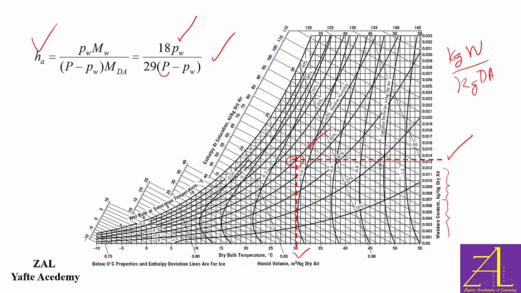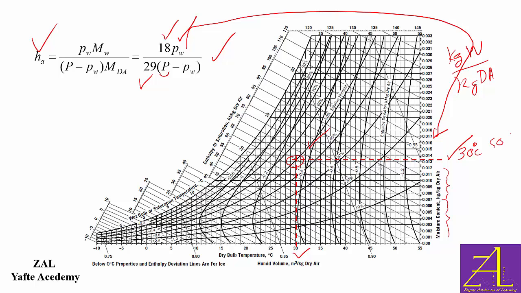Actually, that partial pressure is what determines these values in mass of water per mass of dry air. These are molecular weights. This is the molecular weight of water. This is the molecular weight of air. The absolute humidity for 30 degrees Celsius and 50% relative humidity is 0.0132 kilogram of water per kilogram of dry air.